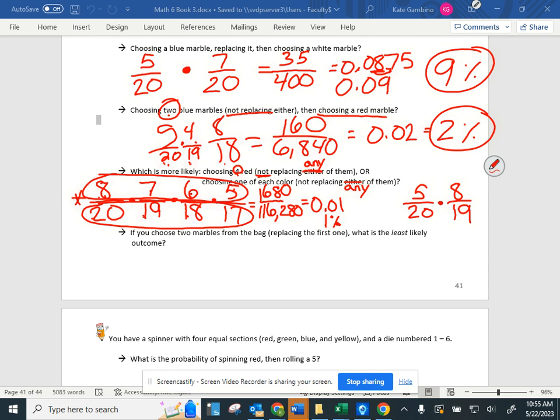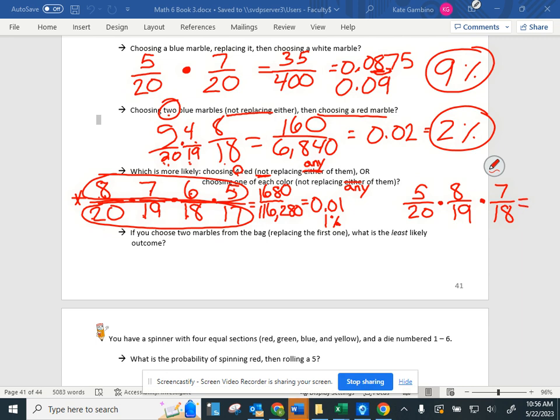Why did my 20 go down to a 19, Matthew? Because I'm not replacing the first one I chose. I still have 5 blue, I still have 8 red, but my total number in my bag is going down by 1. So now I need to choose a white. What would that fraction be, Aiden? 7 out of 18, because I'm not replacing them.